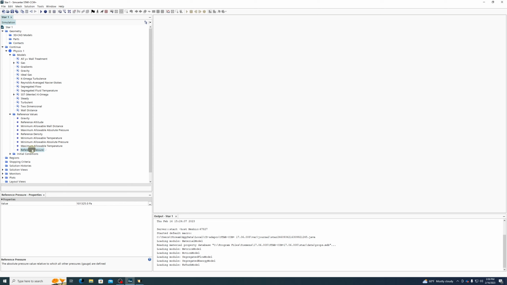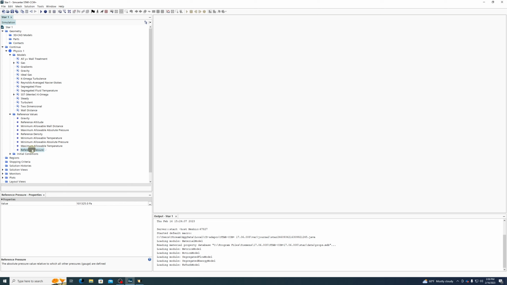Let me say that again. Unless it has the word absolute in front of it, every pressure in STAR-CCM is measured with respect to this reference pressure. If you see STAR-CCM say that pressure is 1,000 pascals, that actually means pressure is 102,325 pascals.